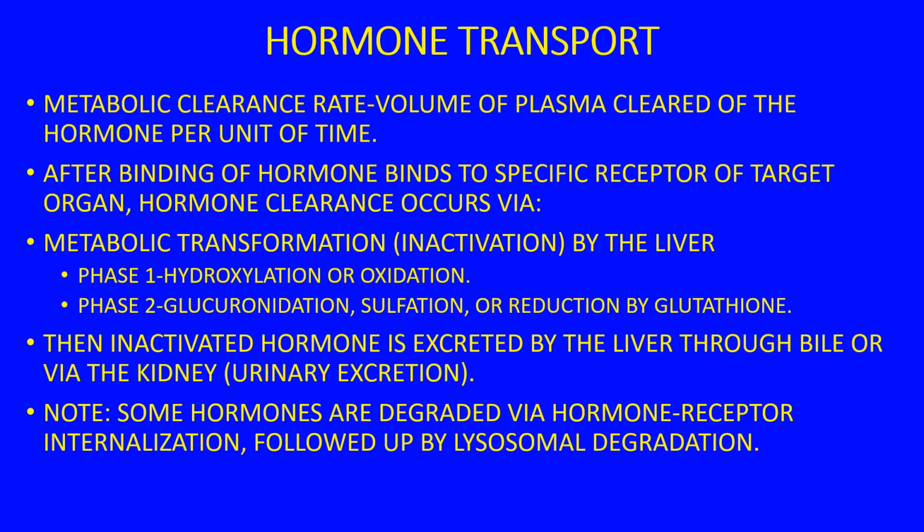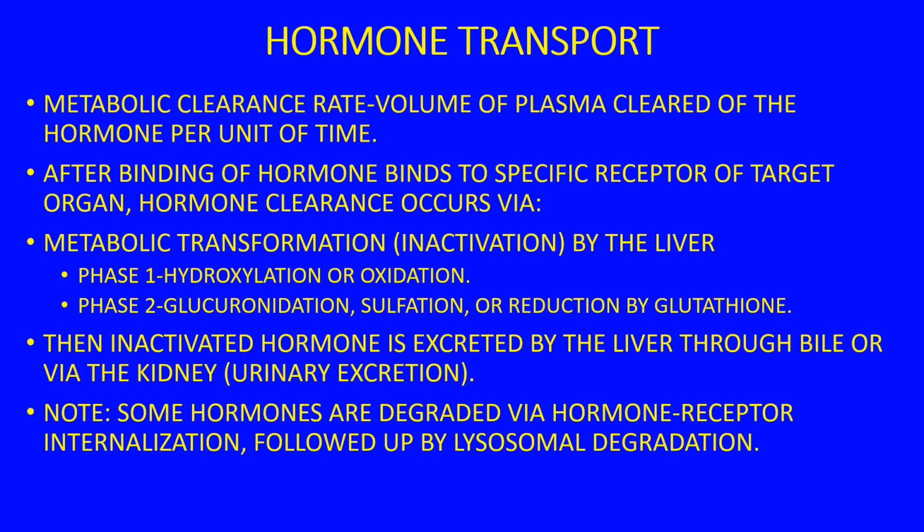When I talk about the biological response to hormones, this requires the binding of the hormone to the receptors at a target organ. Okay, fine. Hormones circulate in very low concentrations, 10 to the minus 7th to 10 to the minus 12th molar. Therefore, that receptor must have a high affinity and specificity for the hormone to produce a biological response.